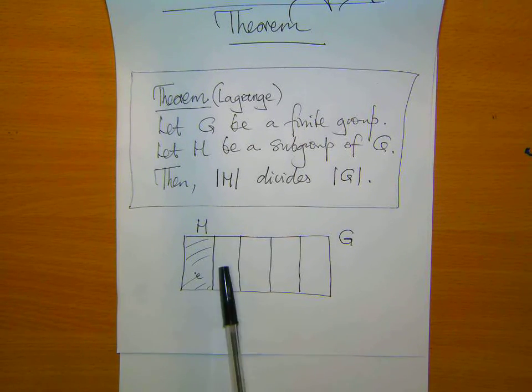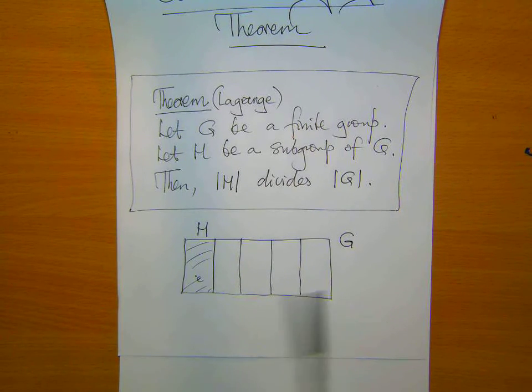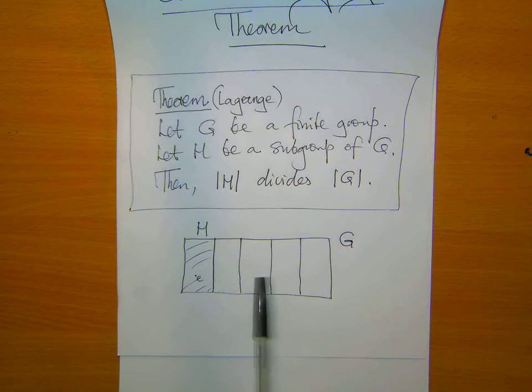Each of these parts has the same cardinality as H. So this could be true even if G was infinite, but if G were finite, then each of these parts has the same number of elements as H. So this is a very regular partition of G.